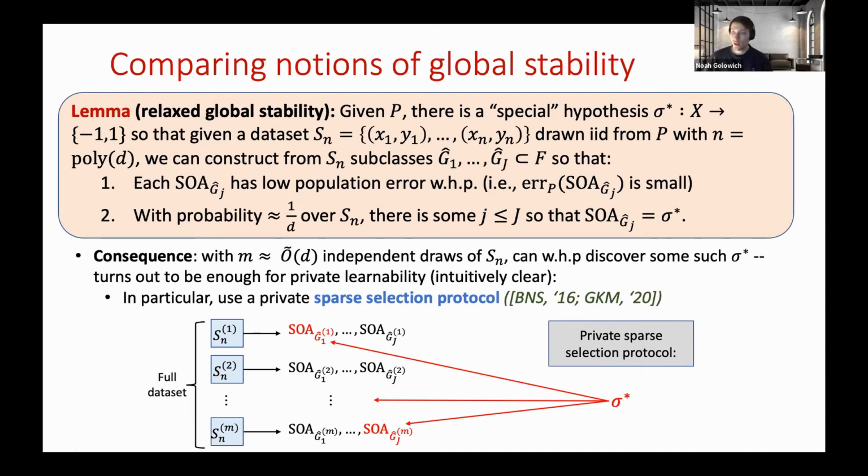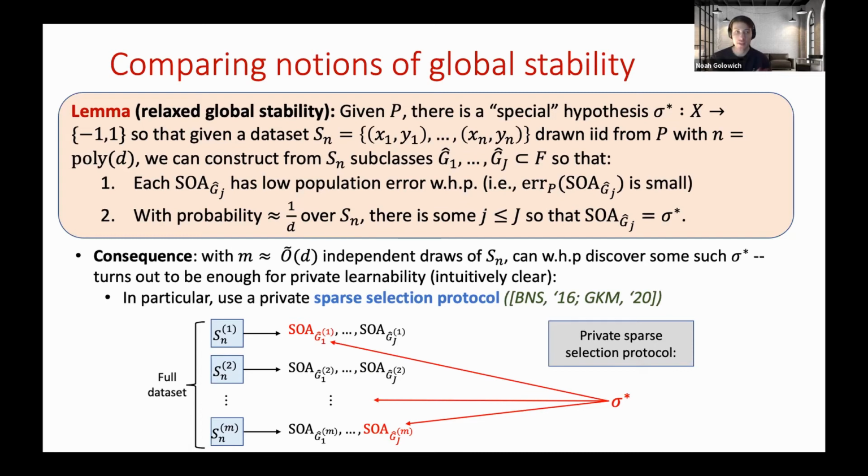The number of independent draws of this data set Sn is going to be a little bit larger than D. What this lemma tells us is that if we make more than D draws of data set Sn, we're going to see some sigma star appear in the SOA of G hat J many times with high probability, because for any one draw, it appears with probability 1 over D. So with more than D draws, we see it a lot. Our goal is to find a way to select such a sigma star in a way that is differentially private.